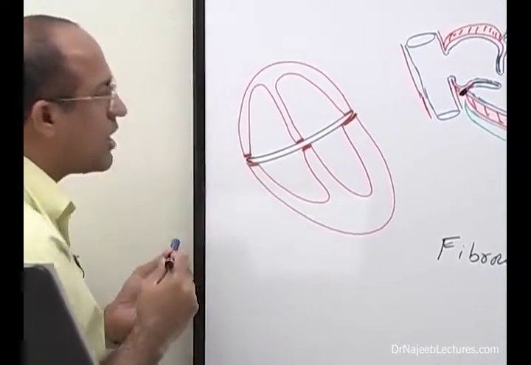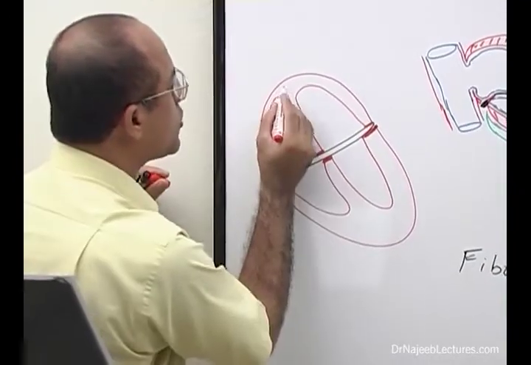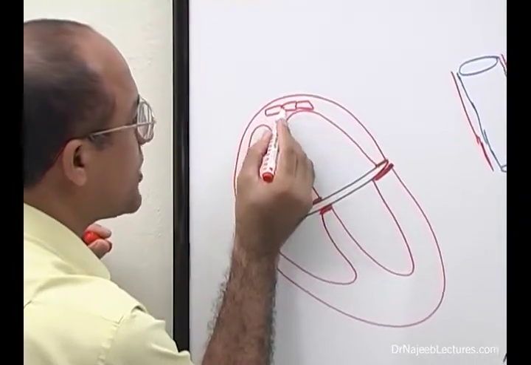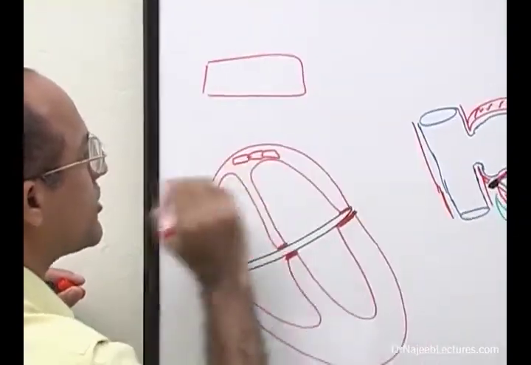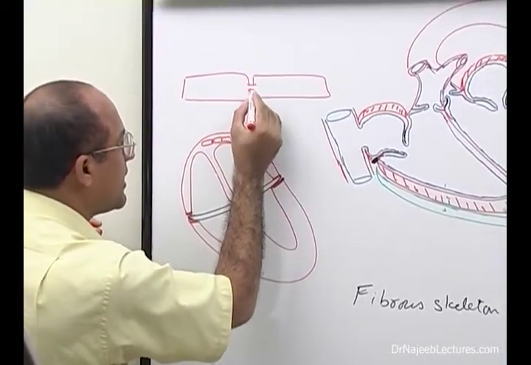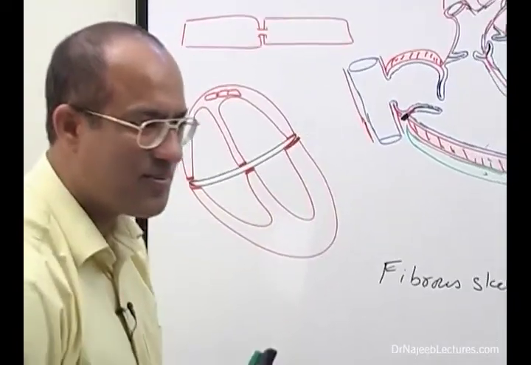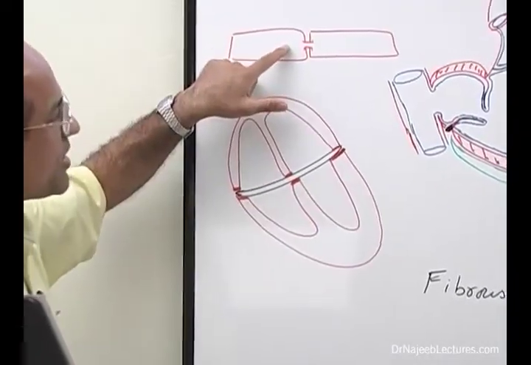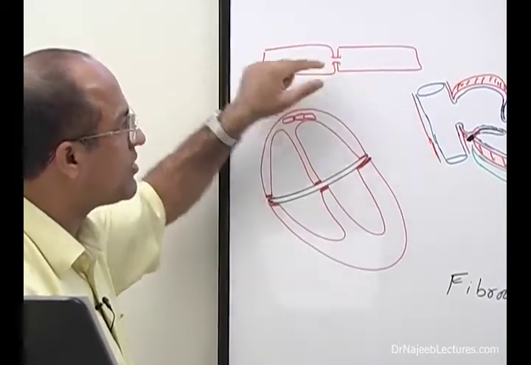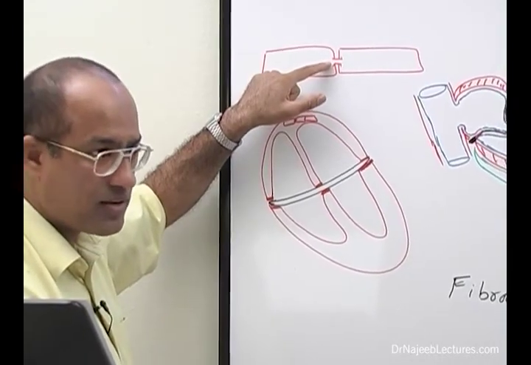So actually all the myocardial cells of the atria are connected with each other through gap junctions. Suppose this is one cell, this is another cell, this is another cell. They have special gap junctions. Suppose this is one atrial cell, this is the next atrial cell, and they have special electrical windows, talking points. Every atrial myocardial cell can talk to the next atrial myocardial cell through gap junctions or electrical windows, right?